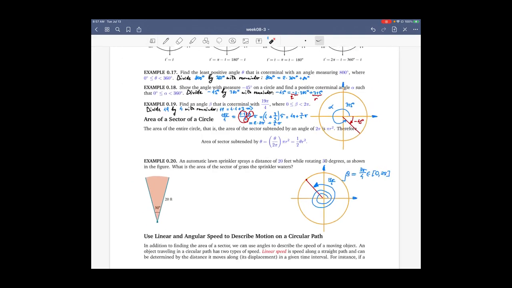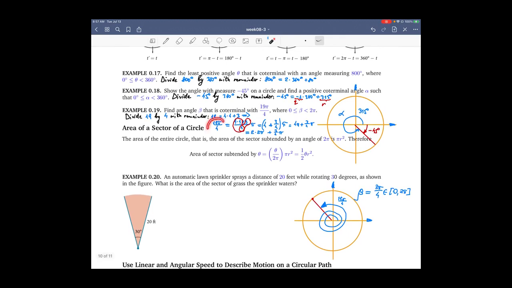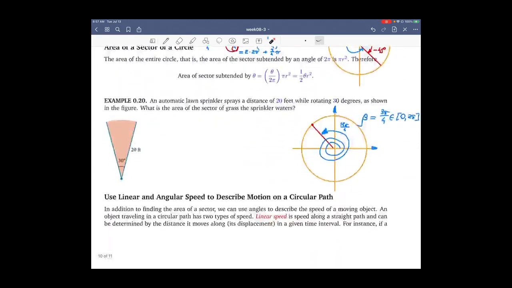By the way, we could divide this number 19 pi over 4 immediately by 2 pi with remainder. Right?